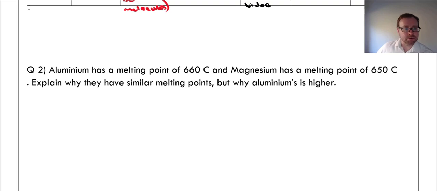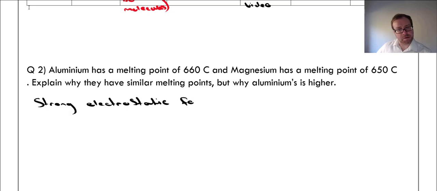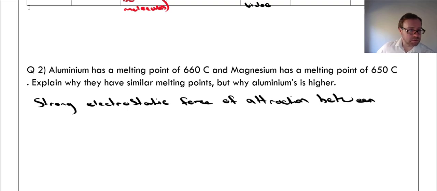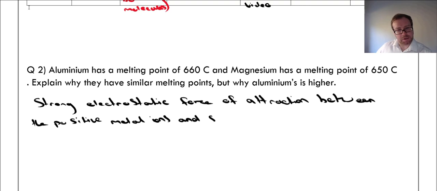Well, we can say they have similar high melting points, and that's because there is a strong electrostatic force of attraction between positive metal ions and a sea of delocalized electrons. So that explains why they both have high melting points.